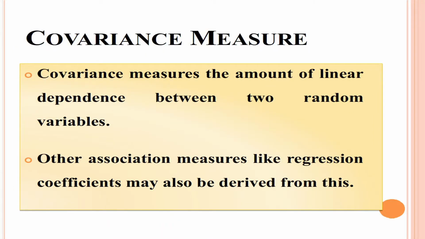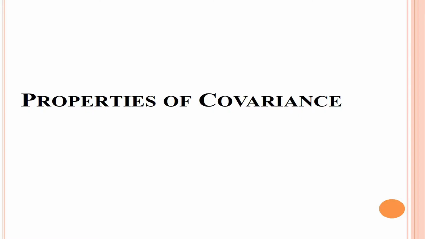Covariance measures the amount of linear dependence between two random variables. Other association measures like regression coefficients may also be derived from this. The idea of covariance is also important in statistical inference.